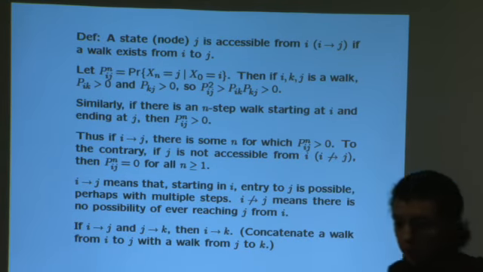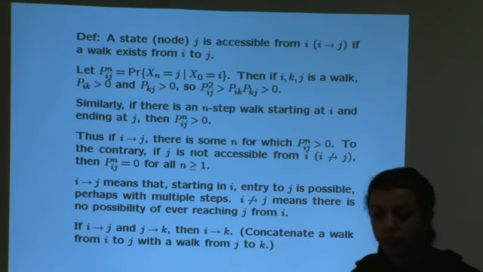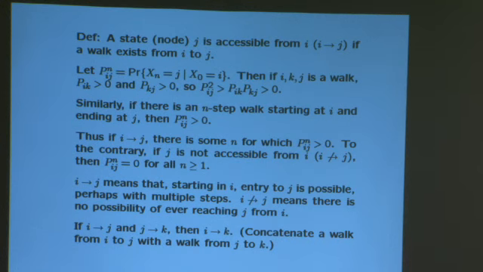So this is another definition. We say that a node J is accessible from I if there is a walk from I to J. And by just looking at the graphical model, you can verify the existence of this walk very easily.